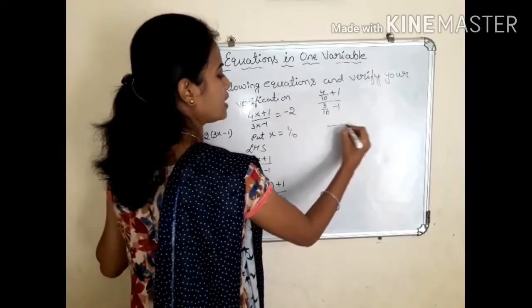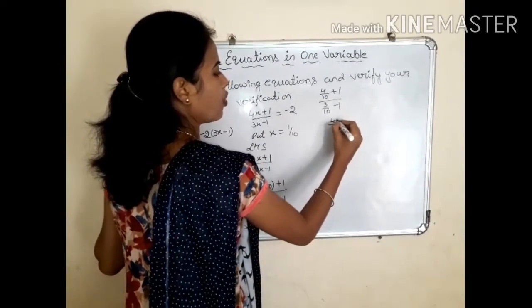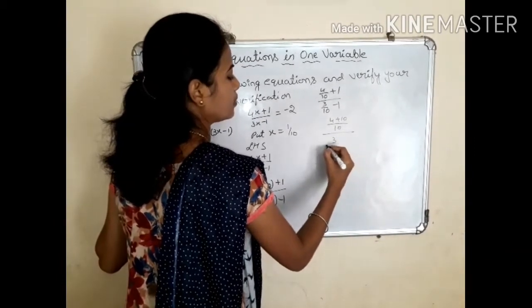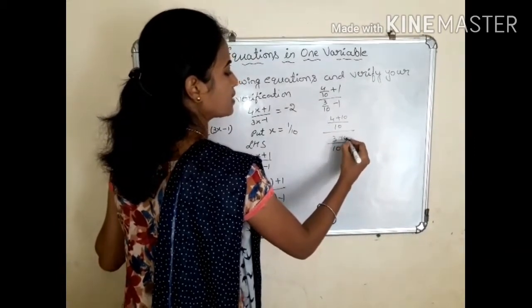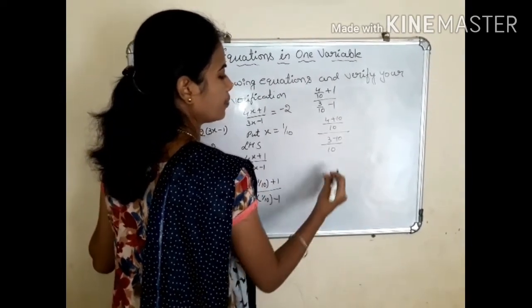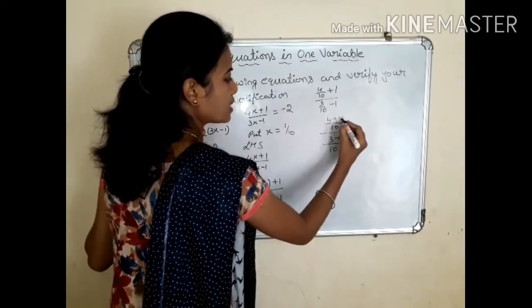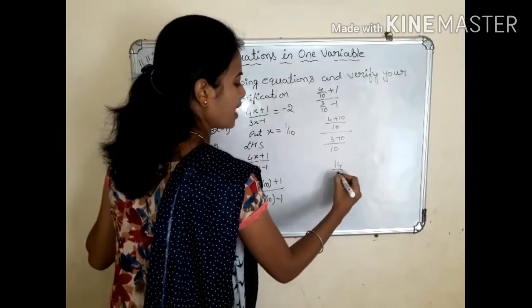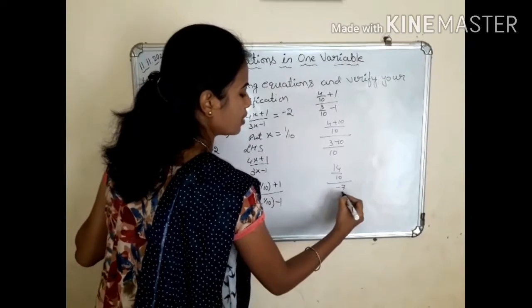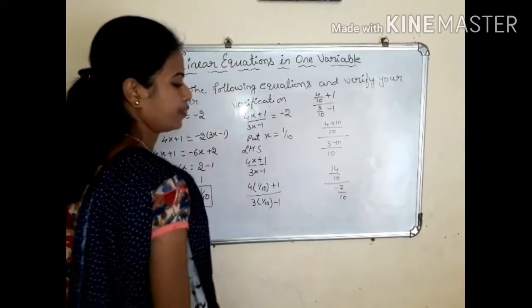LCM, 10 is the LCM. 4 plus 10 whole divided by 3 minus 10, 10 ones are 10. 3 minus 10, 4 plus 10, 40 divided by 10 whole divided by minus 7 by 10.